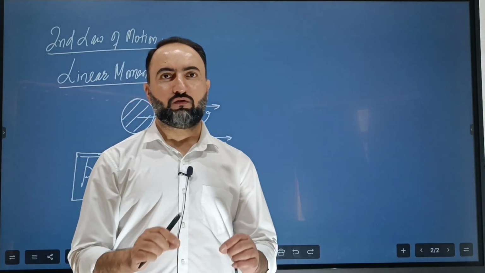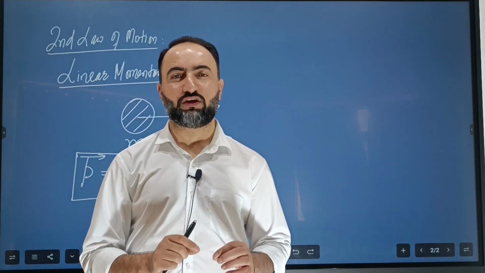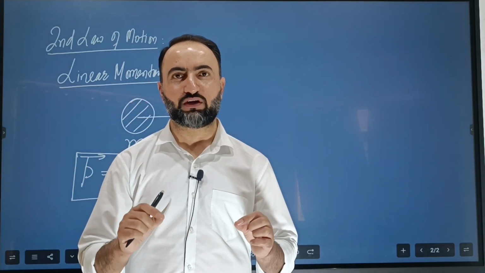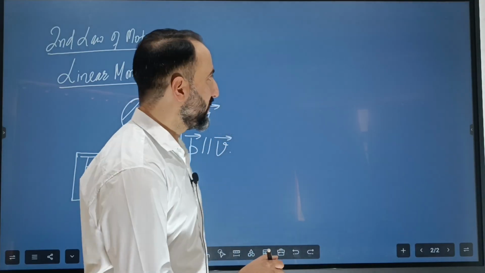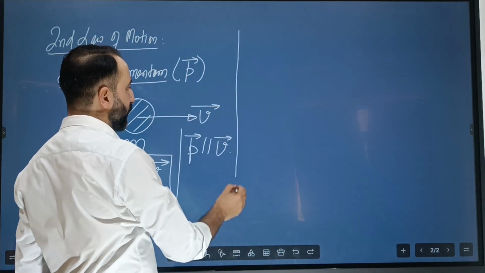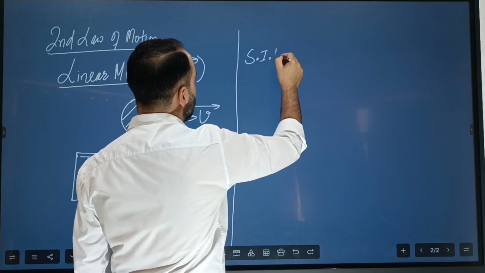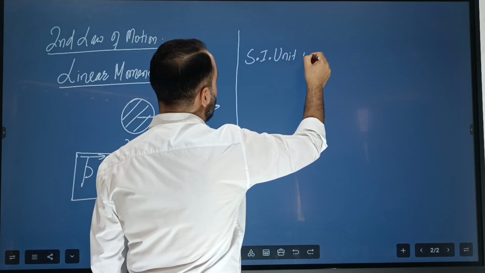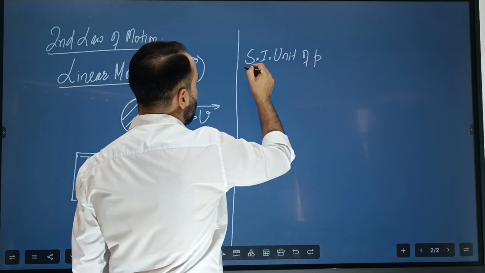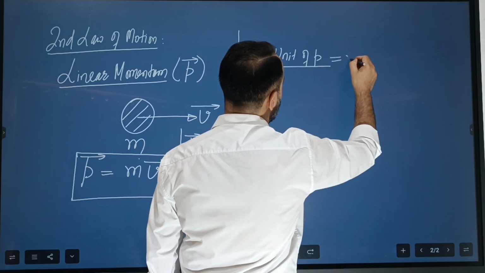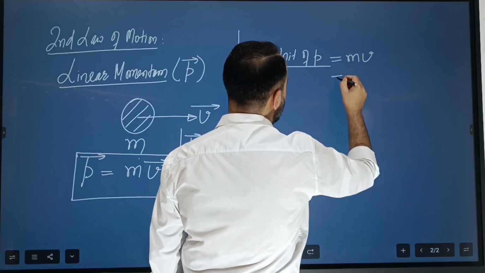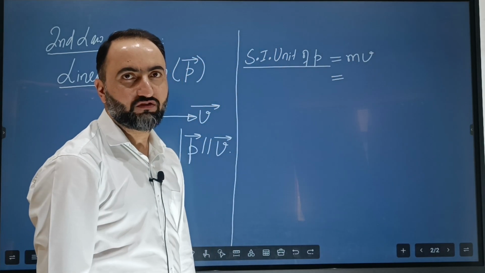One more thing about momentum you must know is what are the units and dimensions of momentum? What is the SI unit of momentum and what will be the dimensional formula of momentum? Let me write it here: SI unit of momentum. Okay, momentum is equal to mass into velocity. What is the SI unit of mass? You know that is kilogram.